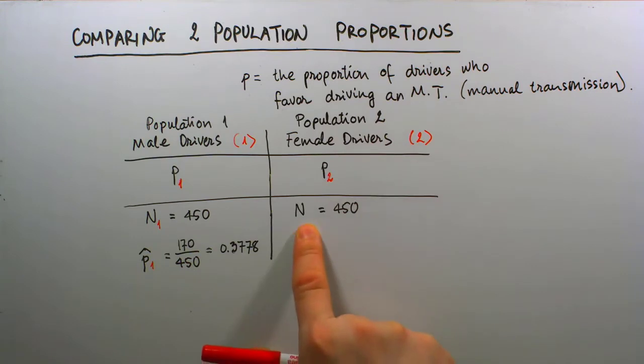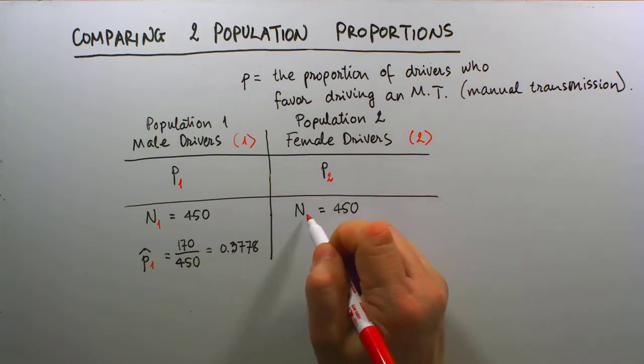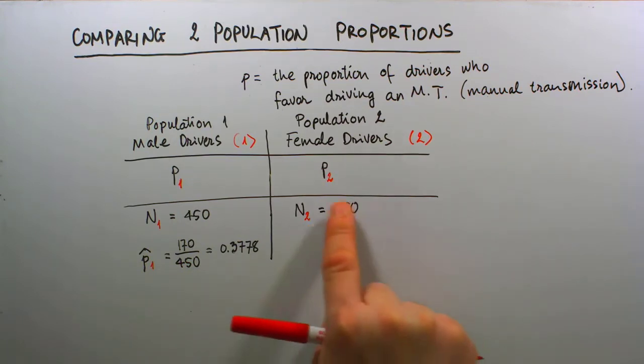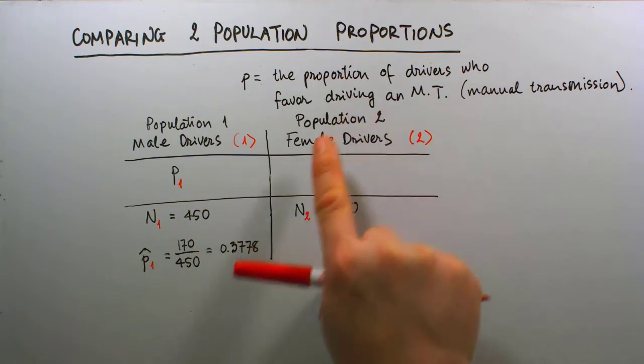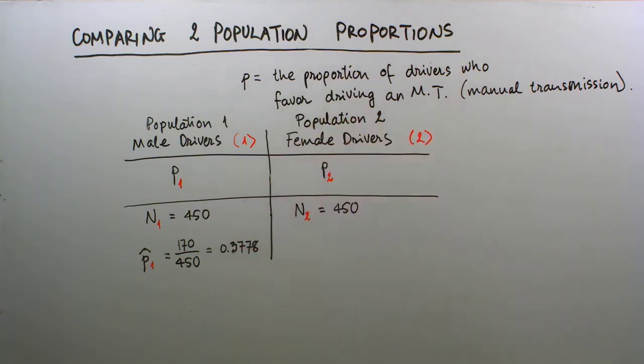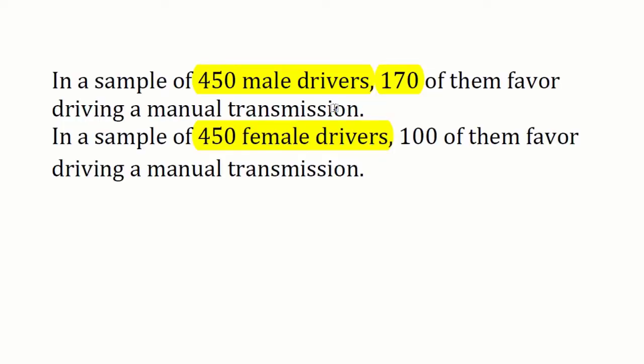So this sample size here is being referred to as n2. And so this sample size gets a subscript 2 simply because this is the value that we specifically isolate within population 2. And now again, back into the reading description of our samples here.